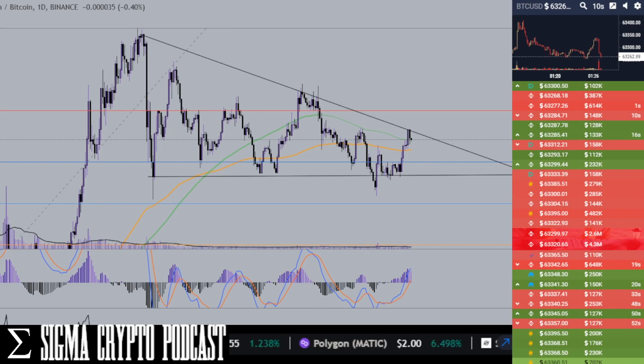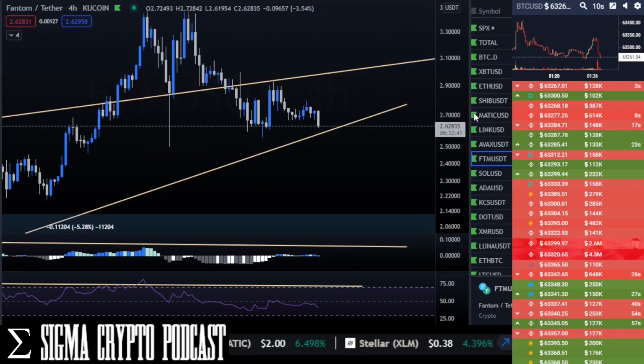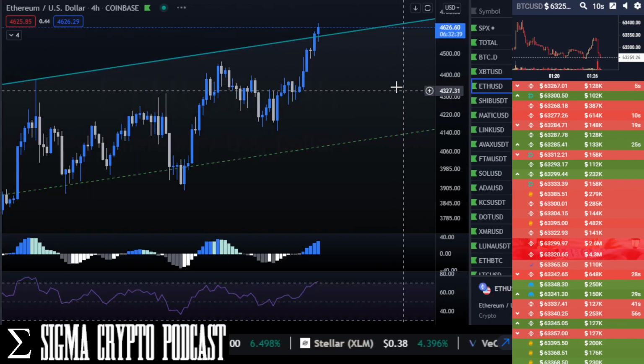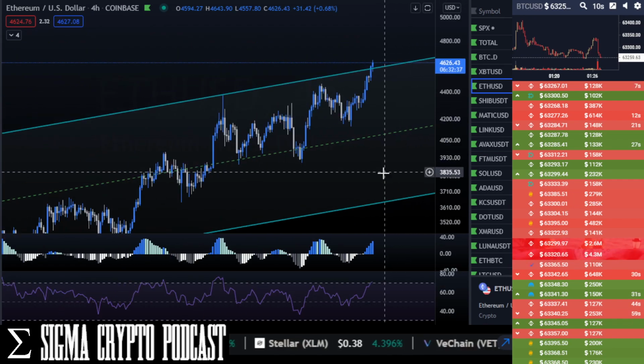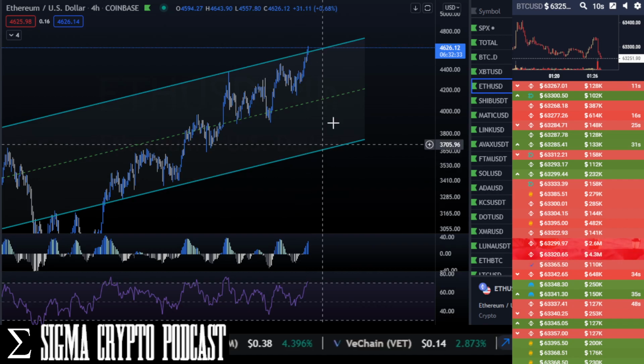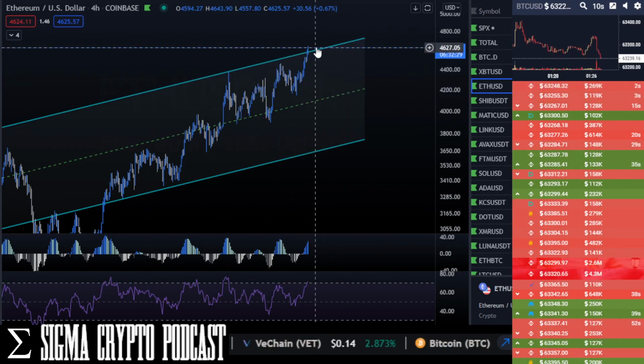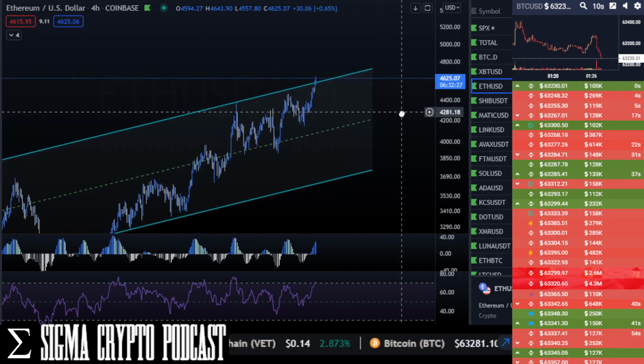I'm looking for the breakouts of those channels. For example, ETH is currently at the top of this channel, where again, not a strong case based just on this channel for it being a good entry.